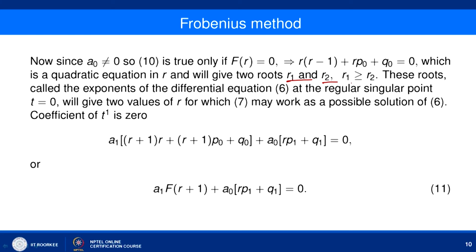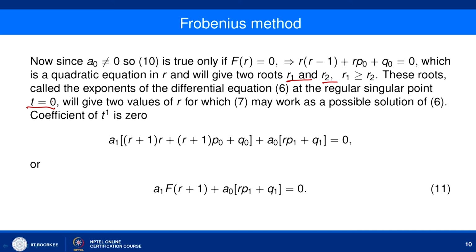So r1 is greater than or equal to r2. These roots are called the exponents of differential equation 6 at the regular singular point t equal to 0. So r1 and r2 are known as the exponents of the differential equation at the regular singular point t equal to 0.